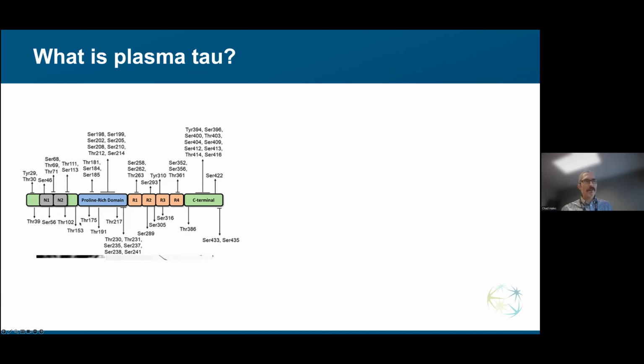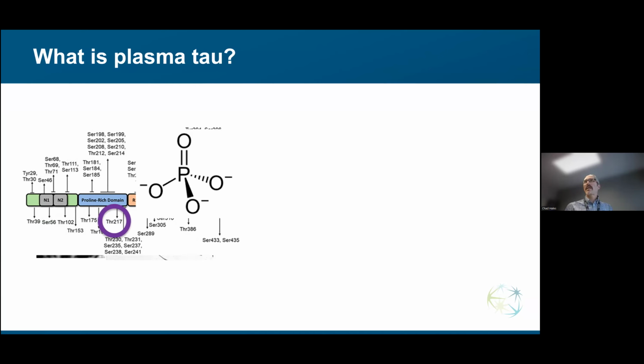I'm going to give you all some post-traumatic stress disorder if I bring up the concept of organic chemistry and chemistry molecules, but you can see I have a phosphate group that I'm showing you here. In general, we're going to be focusing on phospho-tau 217. As you know, serine and threonine amino acids can be phosphorylated, and this is just one, as you can see, of many phosphoepitopes across the tau protein.